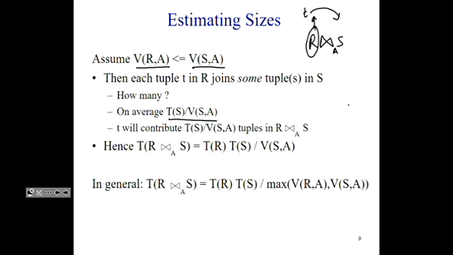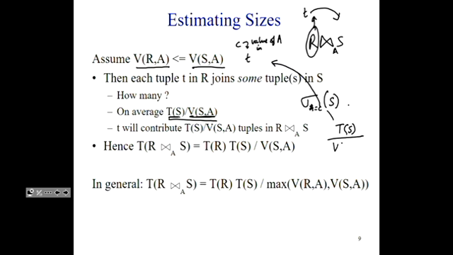Well, that's on average T(S) divided by V(S, A), because we made that uniformity assumption for the selection criteria. So this is essentially sigma of A equals C in S, for instance, where C is the value of A in t. So sigma of A equals C in S is T(S) divided by V(S, A).